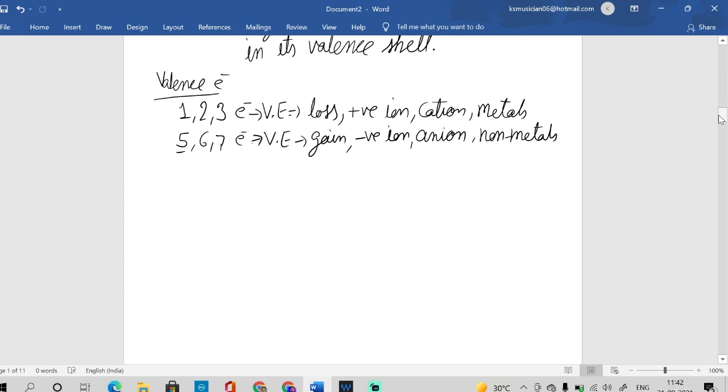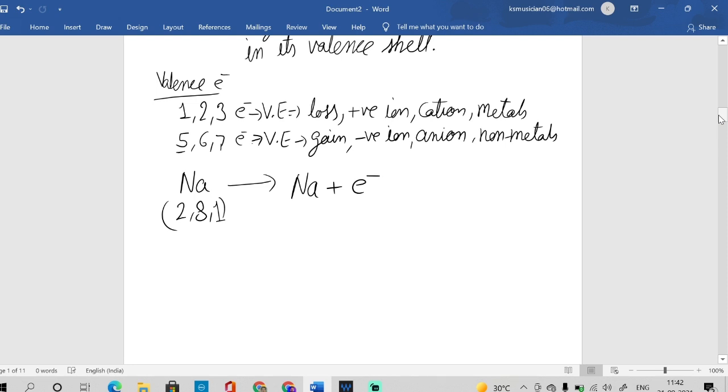Okay, you can also understand this with an example. It is the 2, 8, 1 configuration of sodium, we all know. After losing this electron, there will be 8 electrons in the valence shell of sodium. So it will lose this electron.